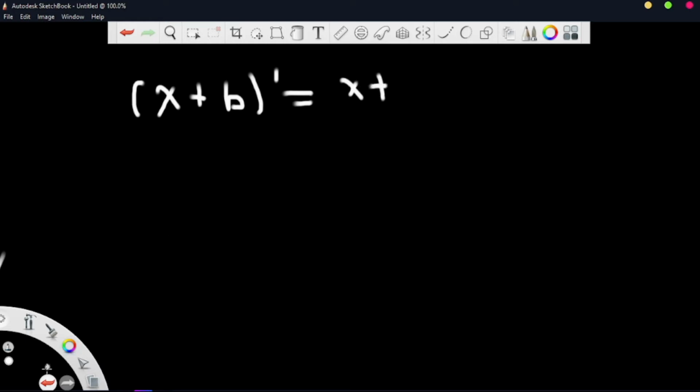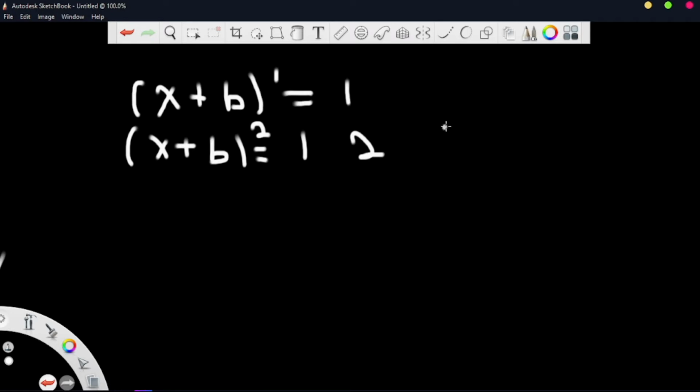The coefficient of x is simply going to be 1. And then let's say I wanted to expand the same thing to the power 2. Then the coefficients of such an expansion would be 1, 2, 1.